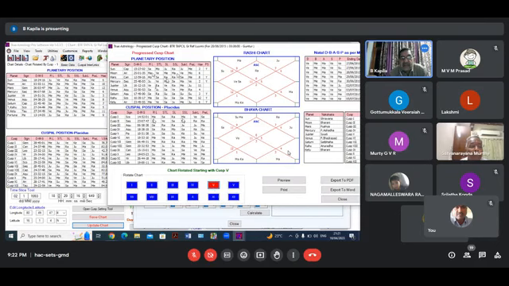Mars is present as SSL and sign lord of ascendant, so linked to ascendant. Mars is posited in 8th cusp, linked to 8th. 1 and 8 are there. So Mars has got PS.